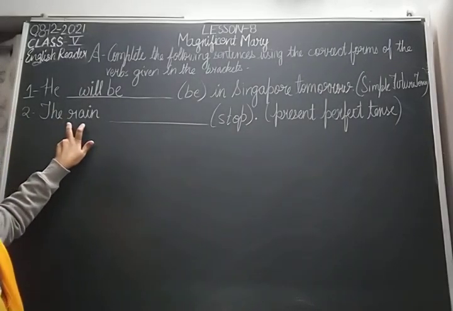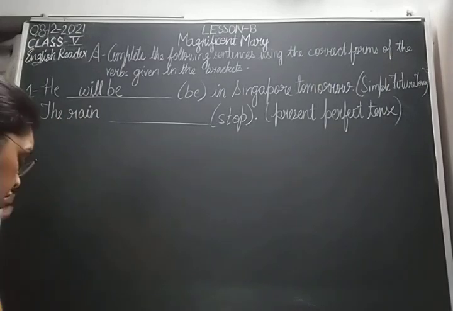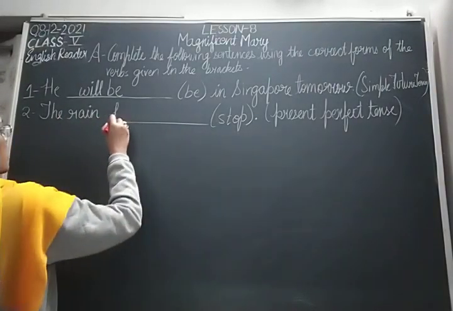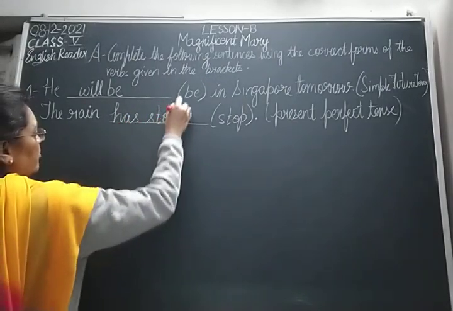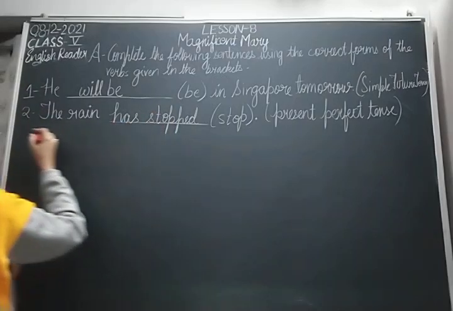So rain is always used as singular. So we will write over here, the rain has stopped. Stopped is the third form of the verb, the past participle.